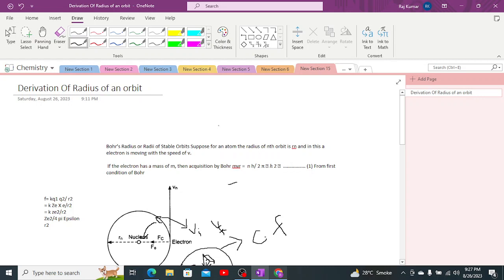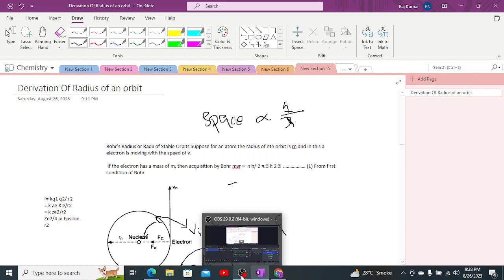After which, as we discussed about k and epsilon naught, which is the value of permeability of free space, if we have more space, then there is less permeability. If space is more, permeability is less. If space is less, permeability is more. Both are inversely proportional.